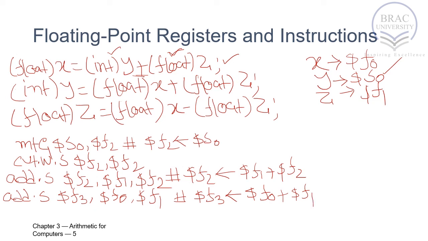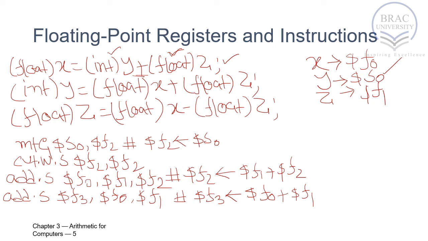So I think I just made some mistake here. So we need to use this. This is the destination. Sorry for that. Because this line is the first one where the float x is inside. Now it makes sense.